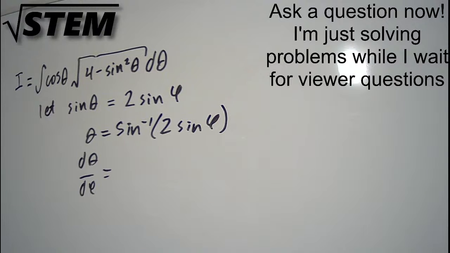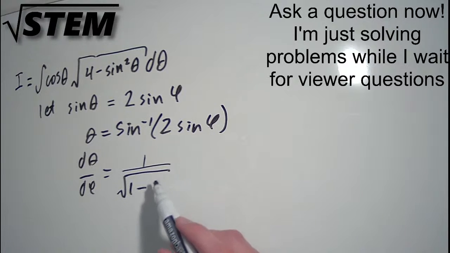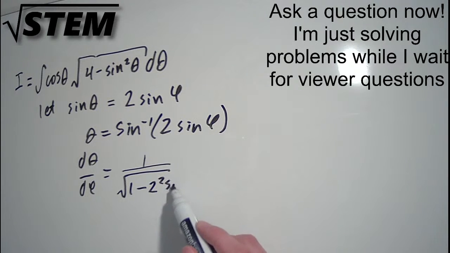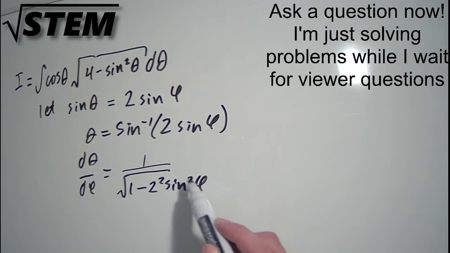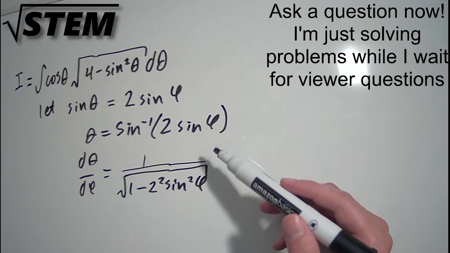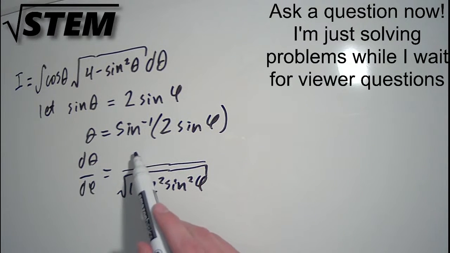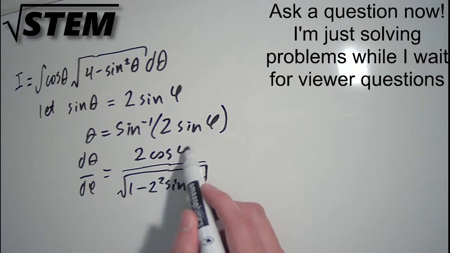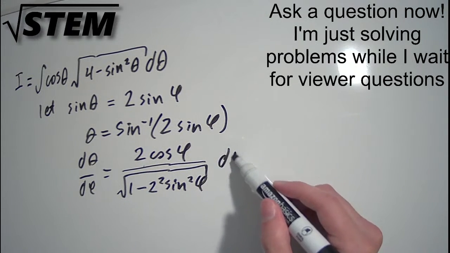Derivative of arc sine, that is 1 over the square root of 1 minus the argument squared, so 2 squared sine squared of phi, and then the chain rule says we take the derivative of the inside, so we would have 2 times the derivative of sine, which is cosine of phi d phi.